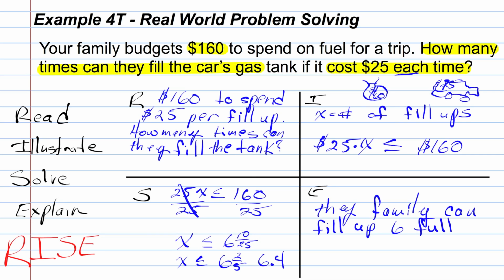Now, it doesn't say anything about that, but they can fill up 6 times. 6.4 is not exactly a correct answer, and I interpret that because of the way they word this here. How many times can they fill up the tank? So assuming it's close to empty, how many times can they fill it up all the way? They can fill it up all the way 6 times. So there's problem solving with this idea of RISE, where we read, illustrate, solve, and explain the problem.